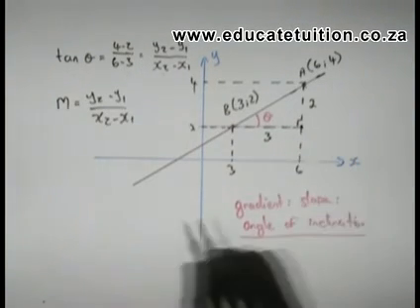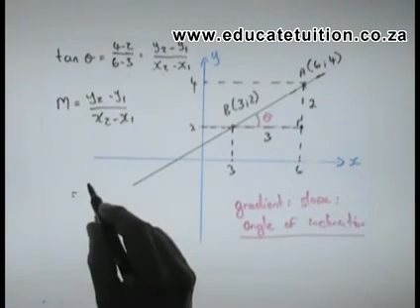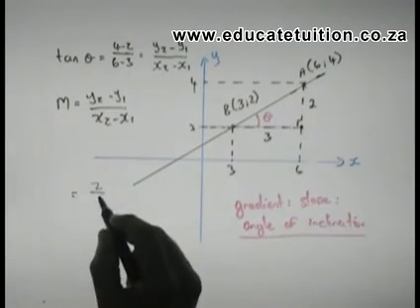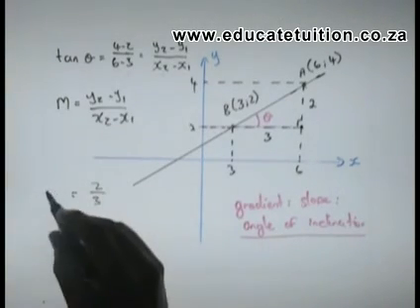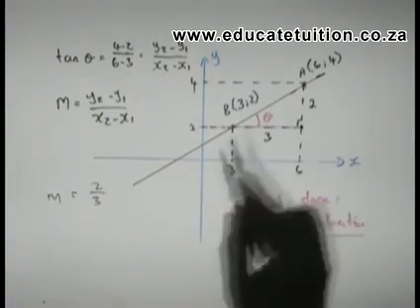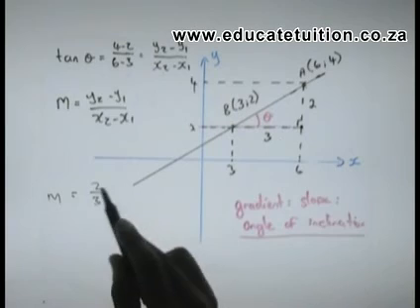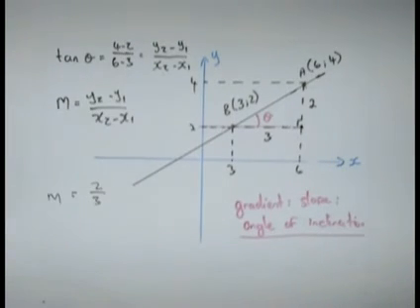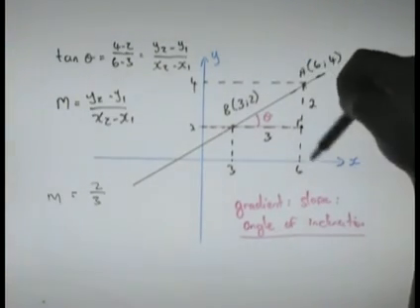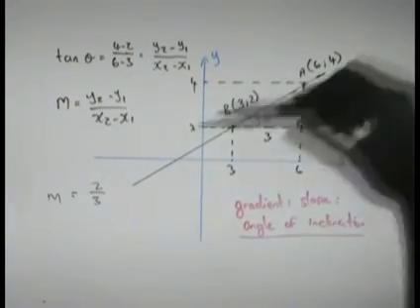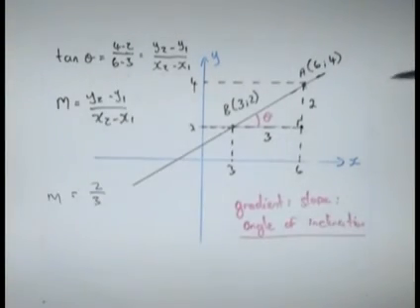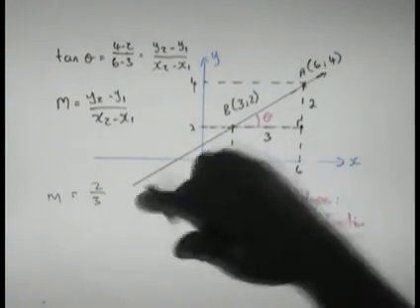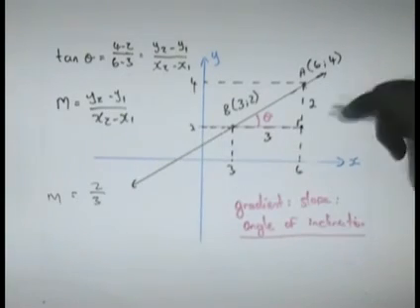In this case, y2 minus y1 is going to give us 2, x2 minus x1 is 3. That means our gradient in this example is 2 over 3, positive 2 over 3. If it's going to be sloping the other direction, our gradient is going to be negative. This is a positive sloping gradient.